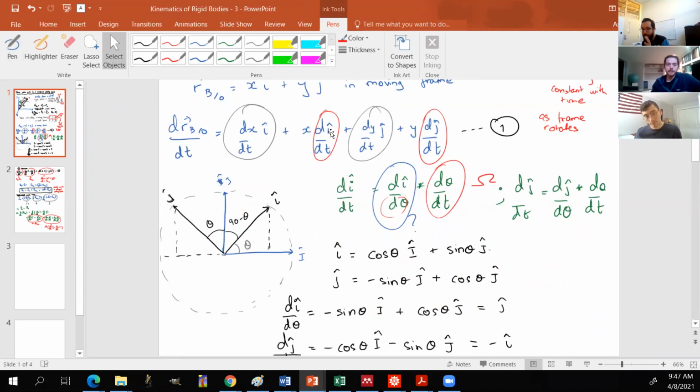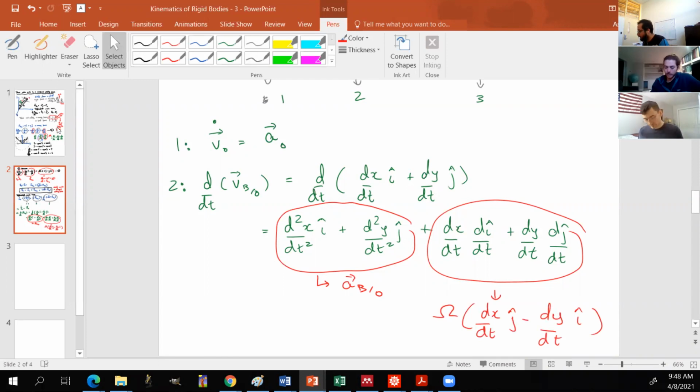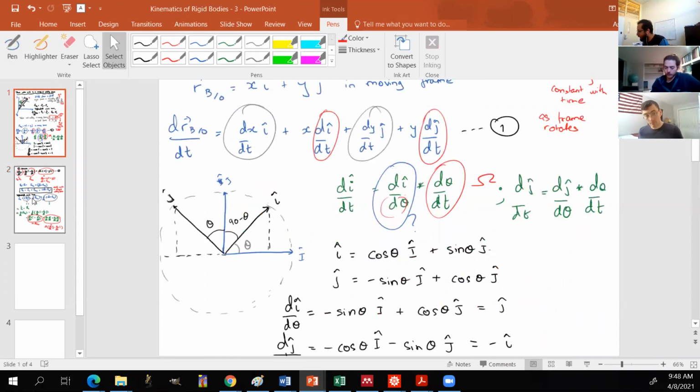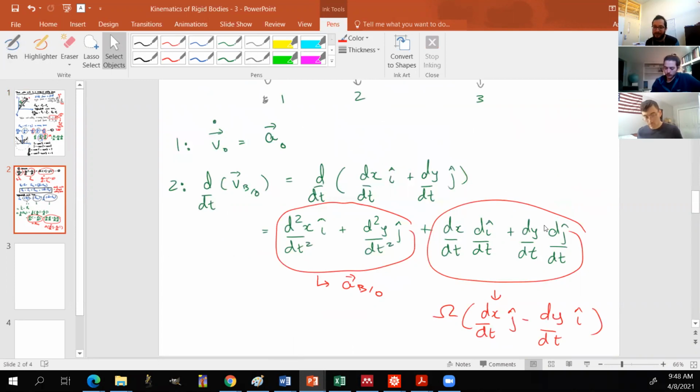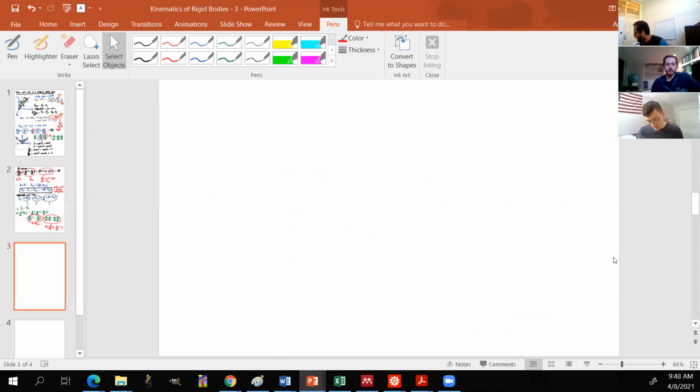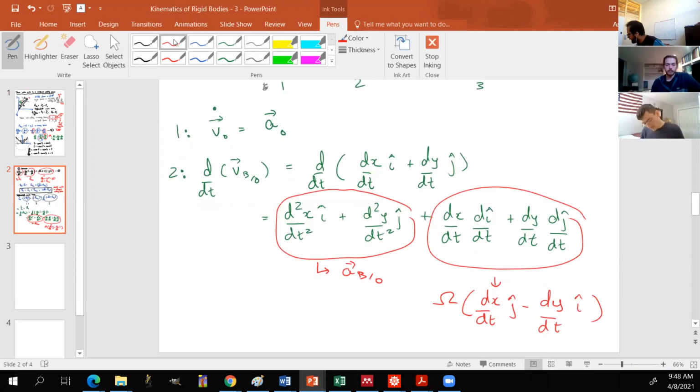You're basically just finding what di over dt and dj over dt are, and instead of x and y, you now have dx over dt and dy over dt. So you can simply plug that in there. Similar to what we did earlier, this expression is just equal to your angular velocity vector crossed with your relative velocity vector.